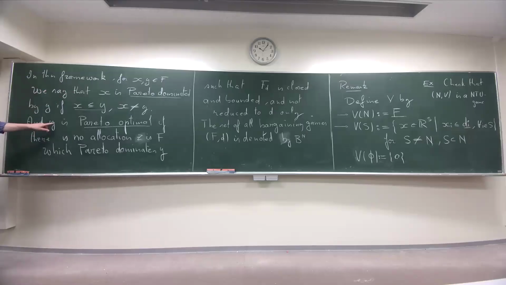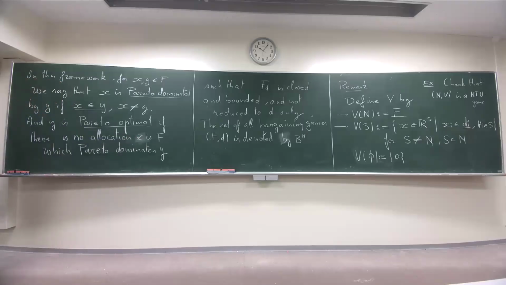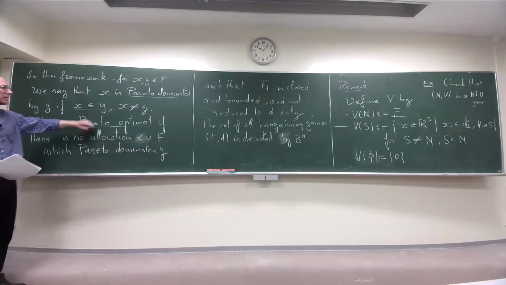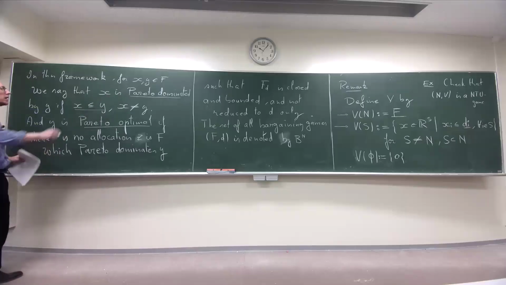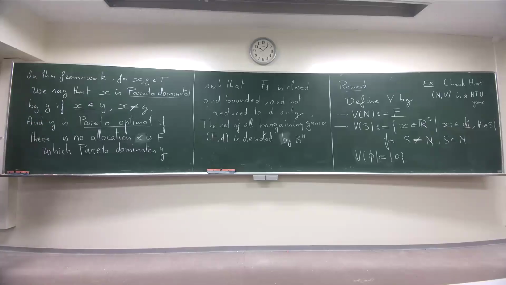By my construction, y is in F. So we say that y is Pareto optimal if there is nobody still in F which dominates y. So there is nobody in F which is bigger than y in the sense I mentioned. Okay, so nothing new except this name. Pareto dominated means this inequality, not an equality, and Pareto optimal means you cannot be dominated.